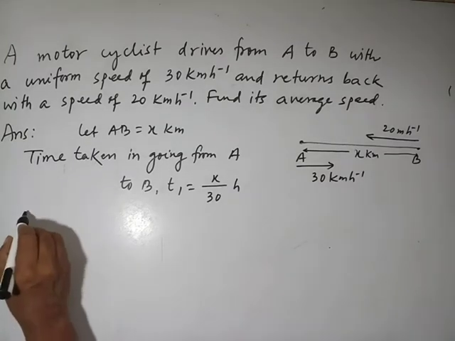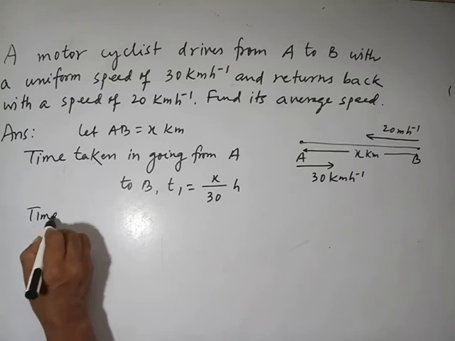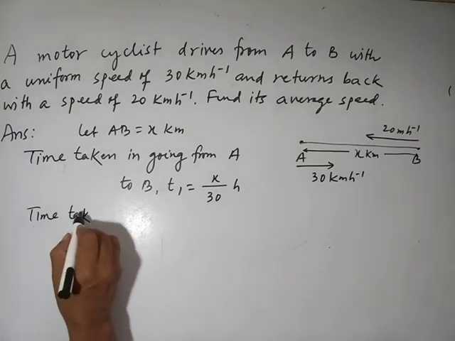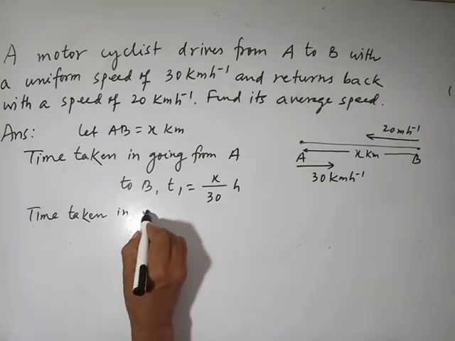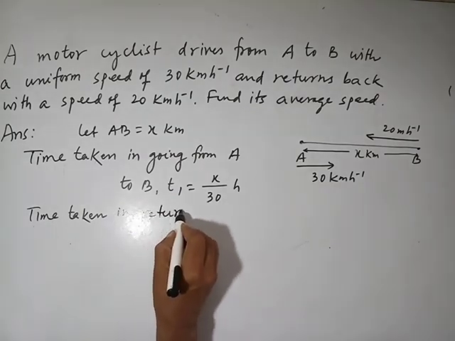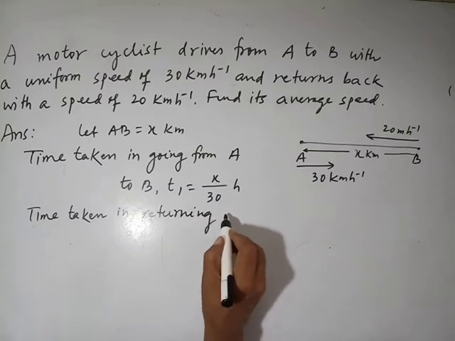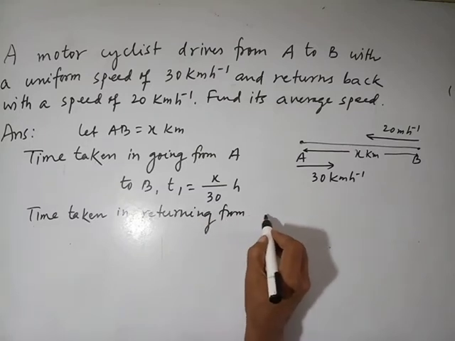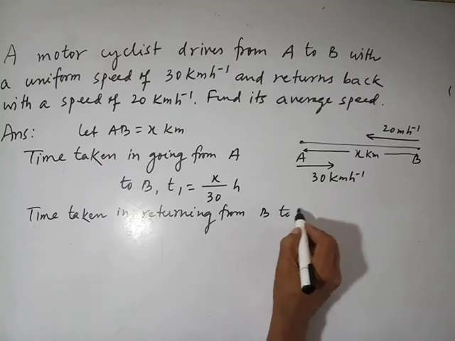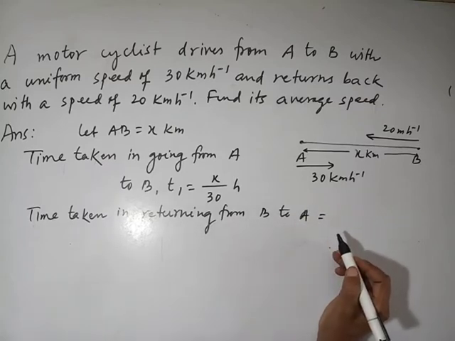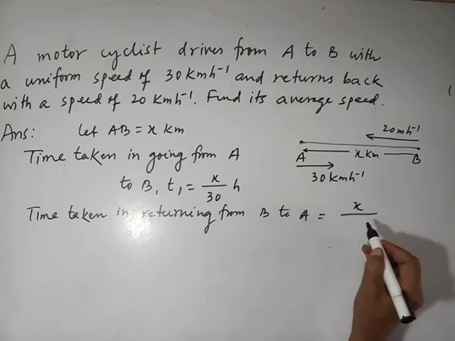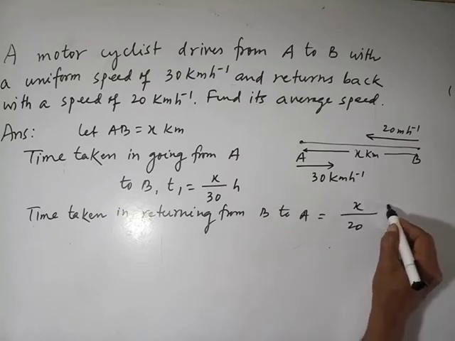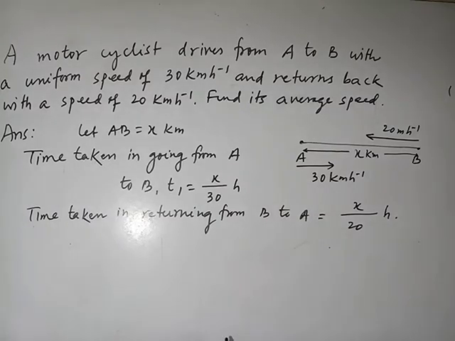Now, the time taken in returning from B to A: the distance is the same, x, but here the speed is 20, so that much hours. Okay, clear?